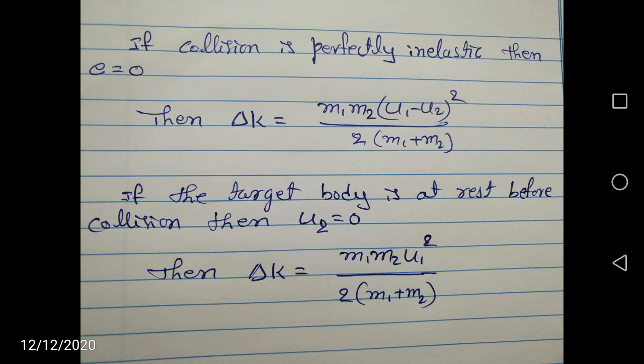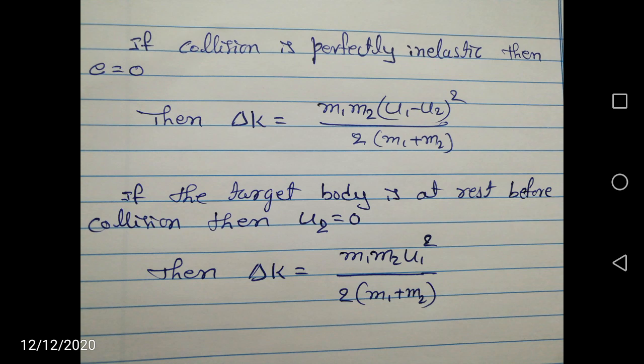If the collision is perfectly inelastic, then the value of e equal to 0, that is, the coefficient of restitution is equal to 0. Then the loss in kinetic energy will be given by m1 m2 (u1 minus u2) whole square divided by 2(m1 plus m2).